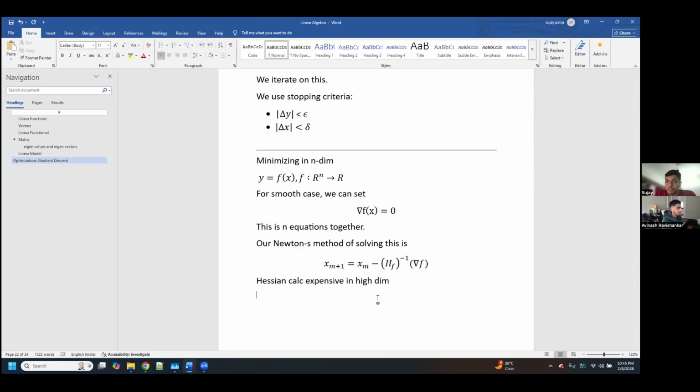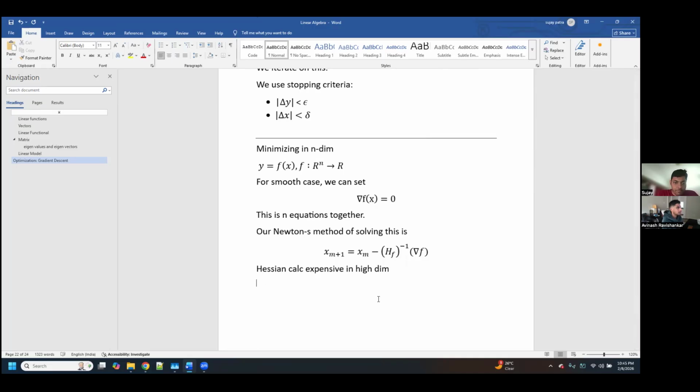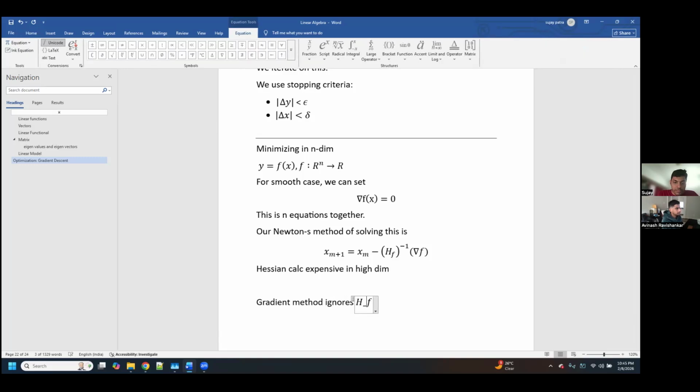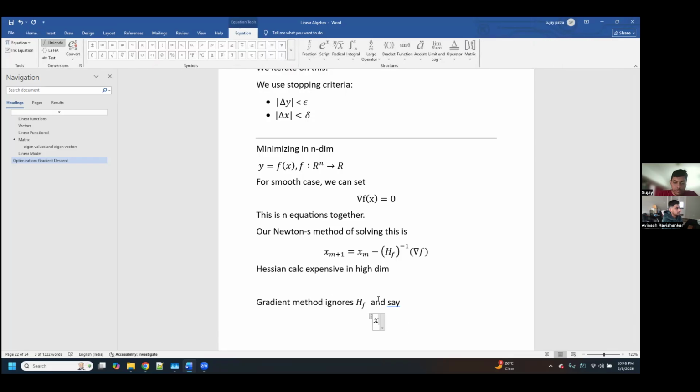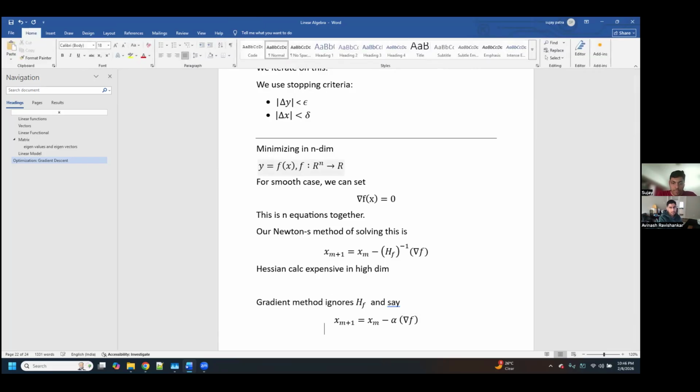The gradient method ignores the capital H here and says, do x_{m+1} equals x_m minus alpha times the gradient.